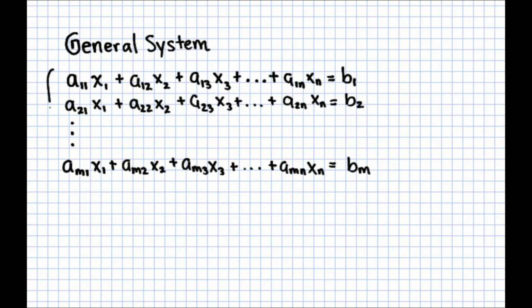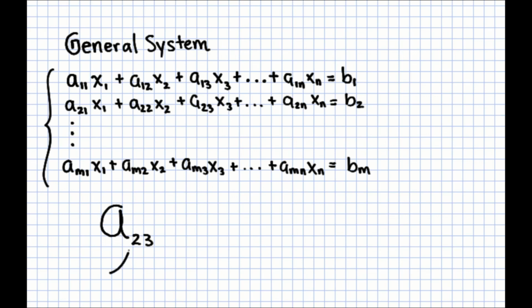Well, the last thing I want to do is talk about what's known as a general system. How do we mathematically write out a general system of linear equations? And so this is a general linear system. This is how we write it out mathematically. And the way the subscripts work, I'll just make a large version of this. So let's say a_{2,3}.